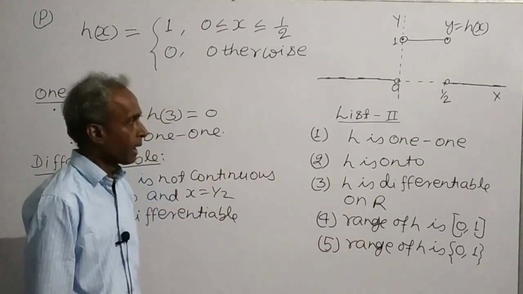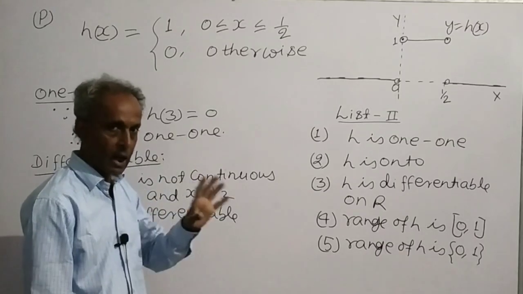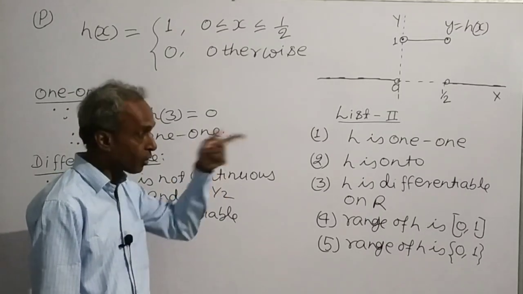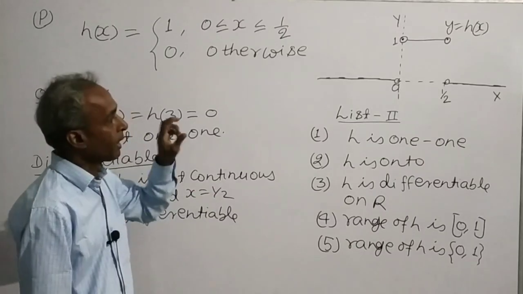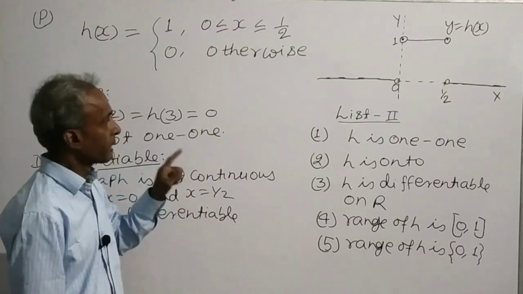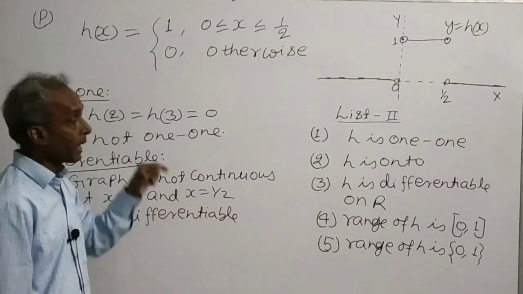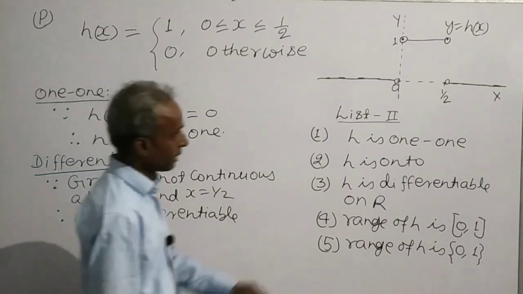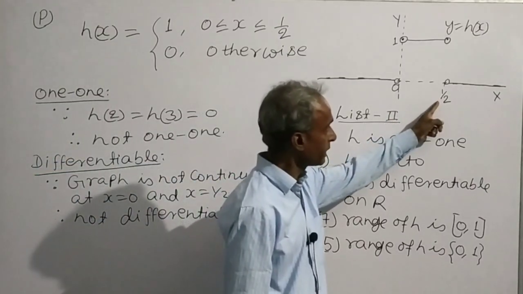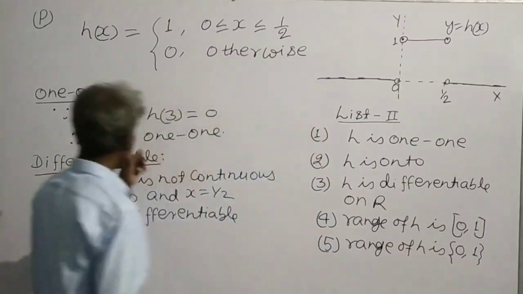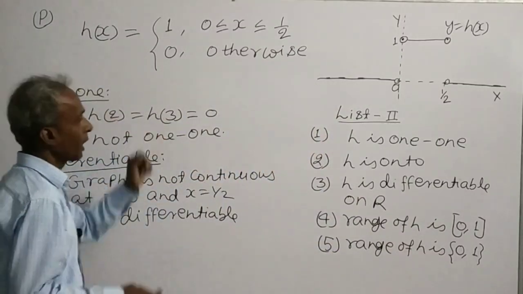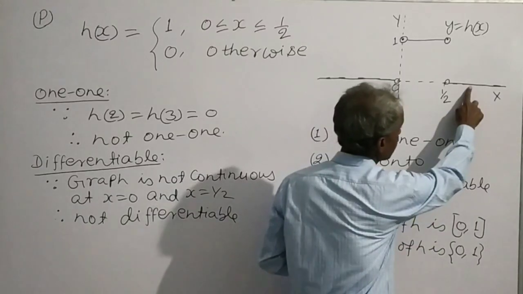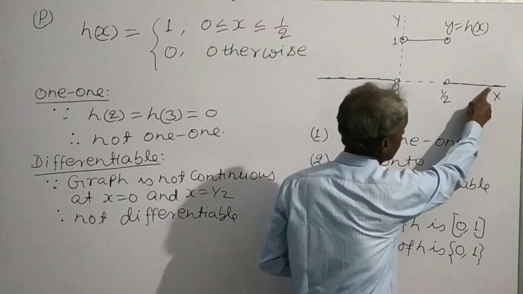If the height of the graph at two different x coordinates is the same, then that function is not one-one. If 1/2 is here, then 2 will be here and 3 will be here.